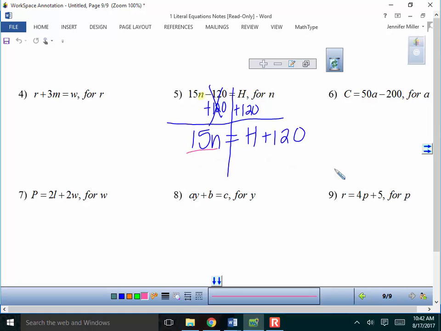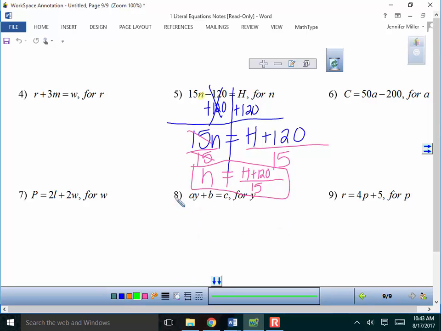Divide by 15. Can I ask you a question, though? Do you want to divide h by 15, 120 by 15, both, or how do you want to do this? Okay, the whole side by 15. When these cancel, we're left with n equals. Now, you can leave your answer as h plus 120 over 15, or you could simplify this if you wanted to. You don't have to.